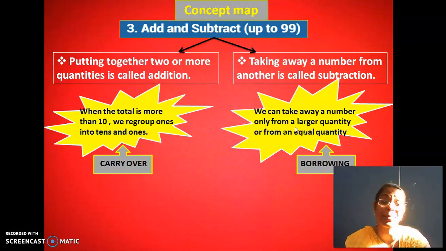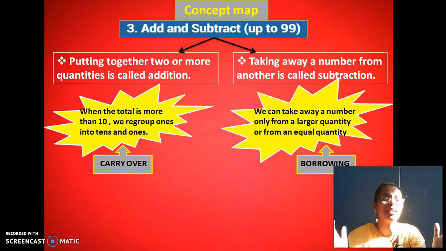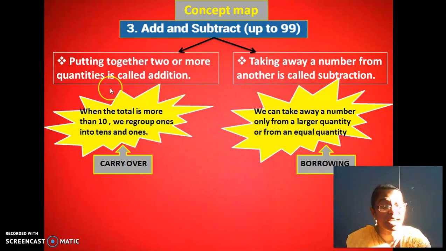So, what about the subtraction? Very good. When we take away a number, we can take only from a larger quantity. If you have enough quantity, then only you can borrow from your neighbor.